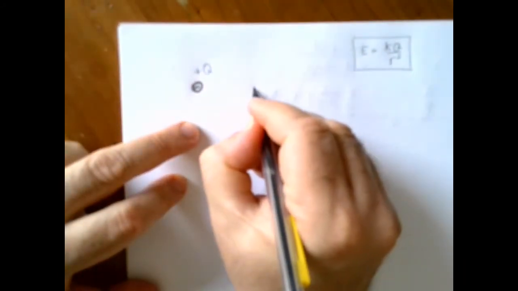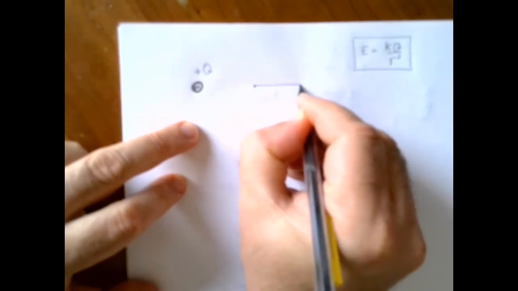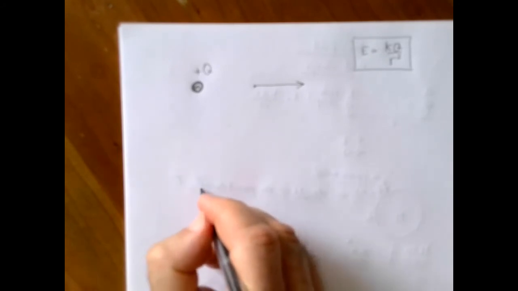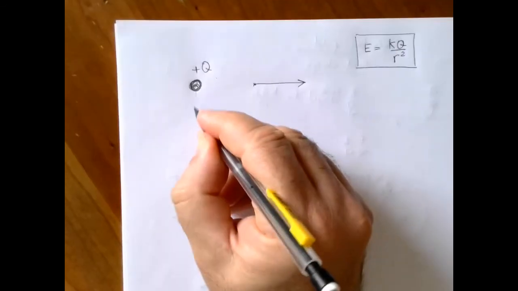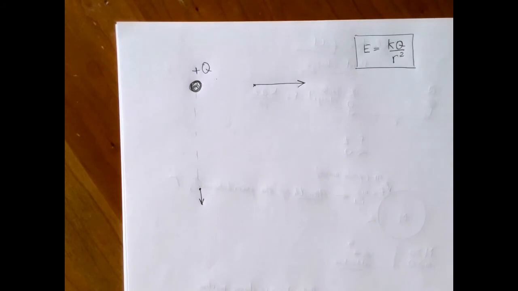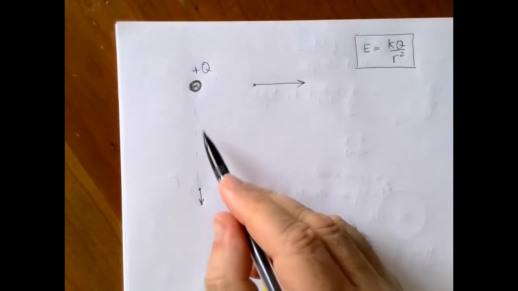So if I am here, the electric field will be, let's say, in this direction. I'm bypassing all the probe charge steps. I know already from the previous page how to get to this vector. If I want the electric field here, it will be on this line and it will look like this. It will be obviously smaller because I'm further away.